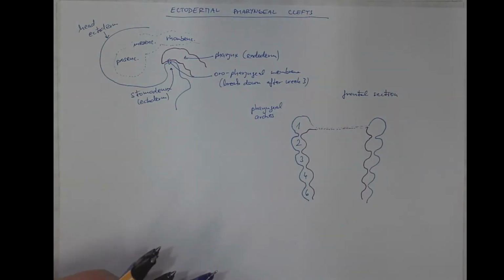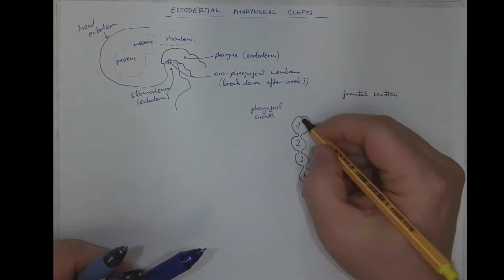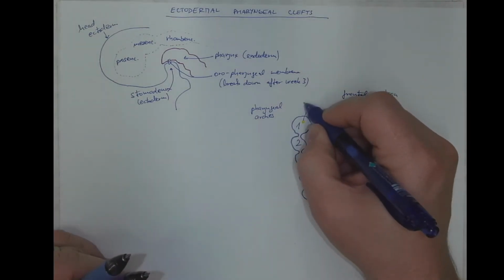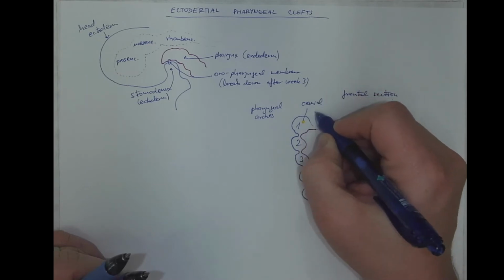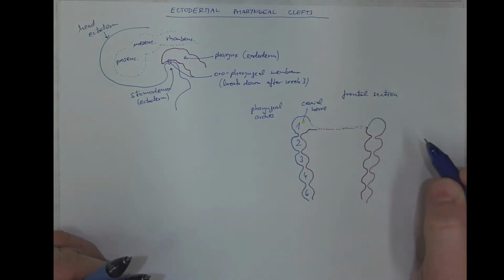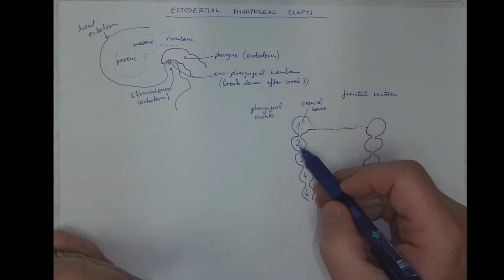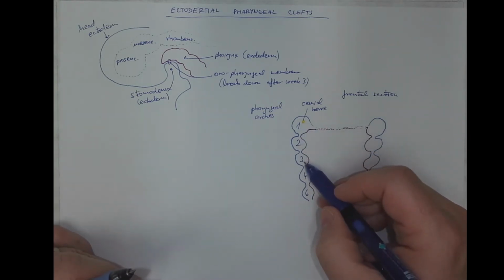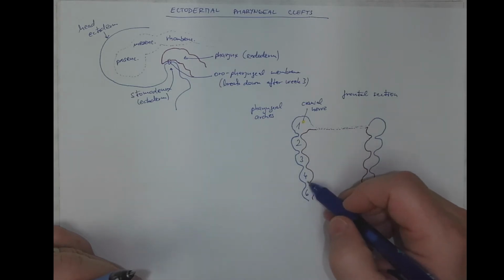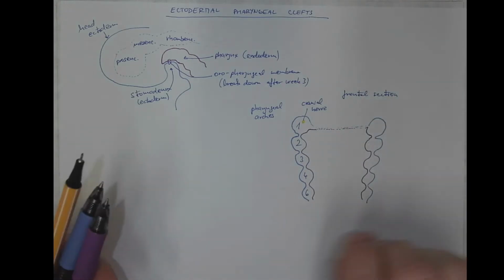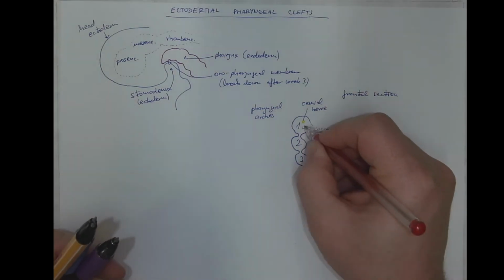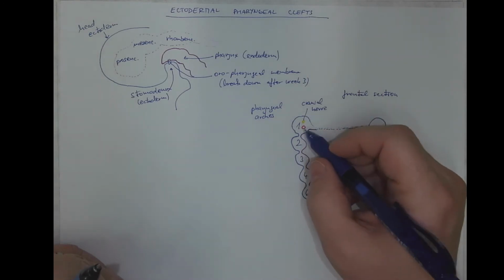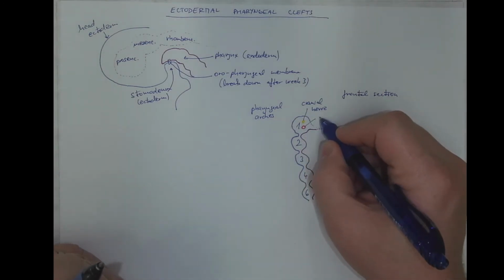Each arch contains one of the cranial nerves: the first arch containing the trigeminal nerve, the second the facial nerve, the third the glossopharyngeal nerve, the fourth and sixth the vagus nerve, and also a significant arterial branch, which is one of the aortic arches.